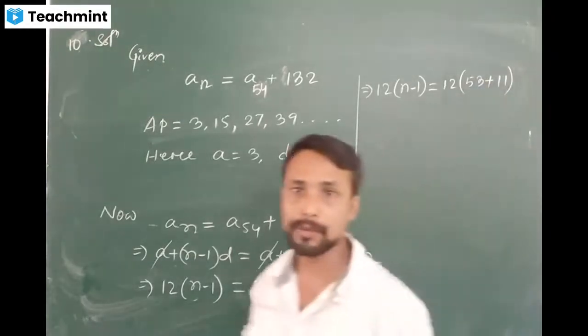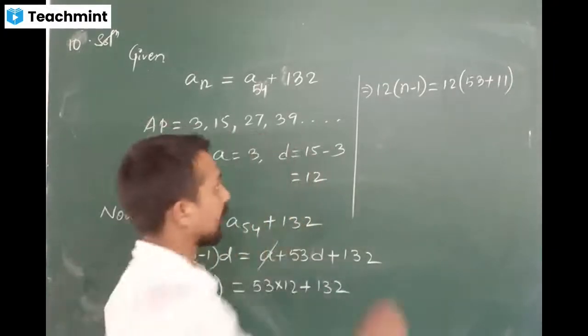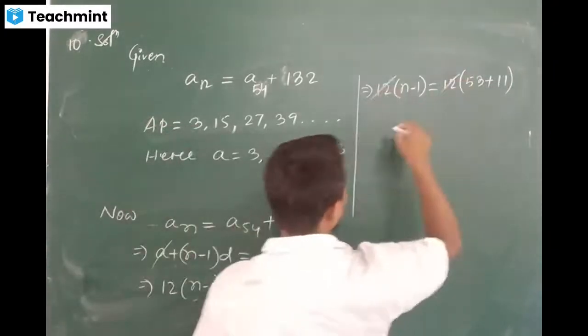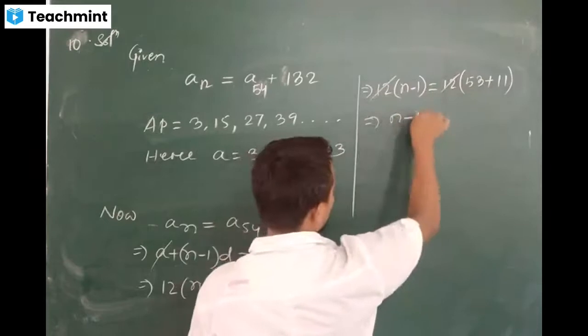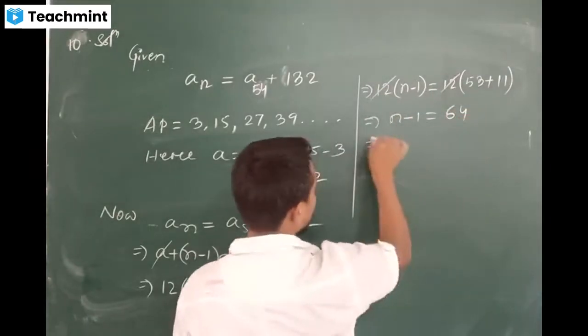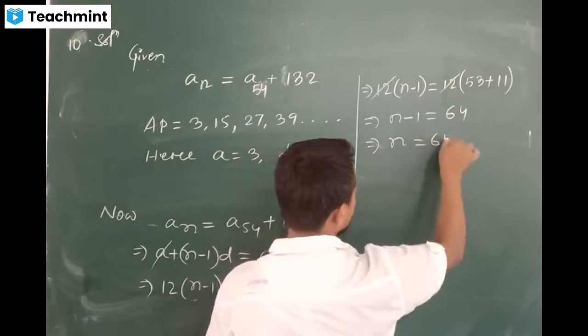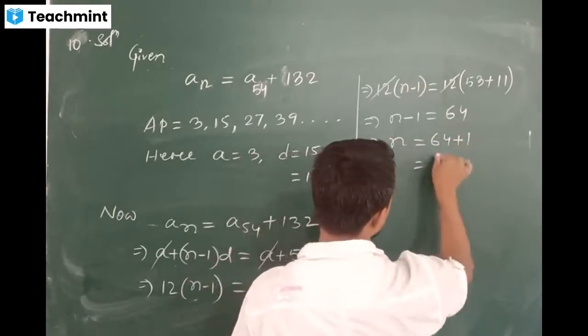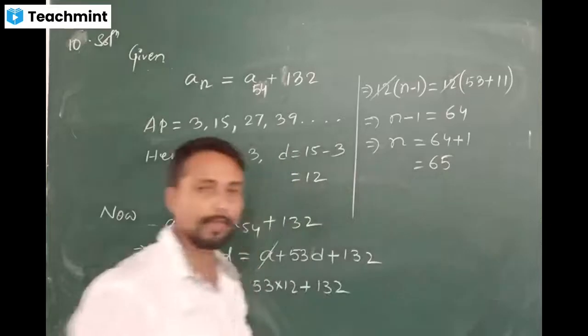Both sides taking 12 as common, we can cancel both sides. So n minus 1 is equal to 64, or n equals 64 plus 1, that is 65.